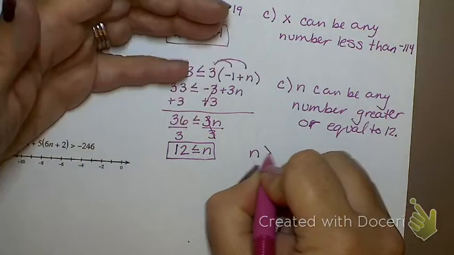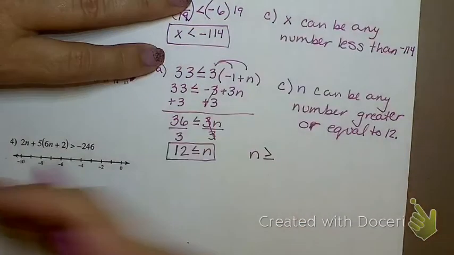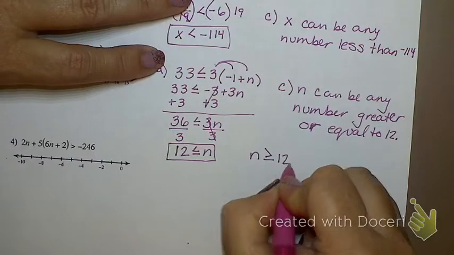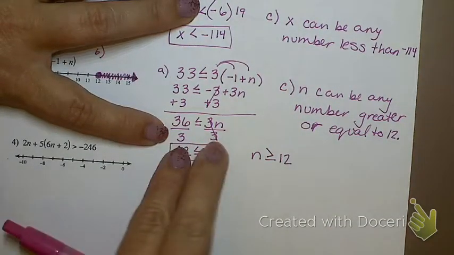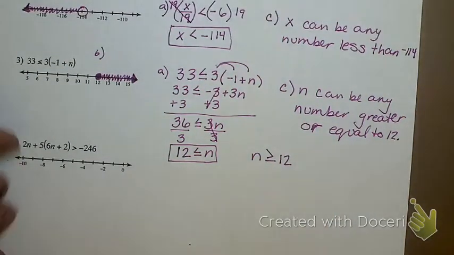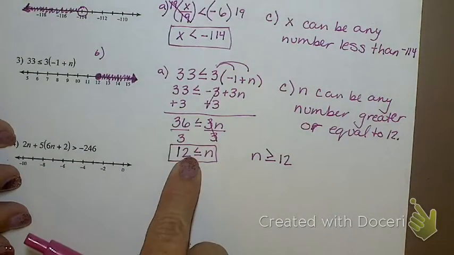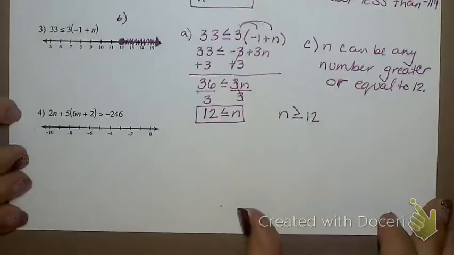The open part would have to be by the N still. So when the letter is on the left, it does say N is greater than or equal to 12. So if it's easier for you to just flip it all around, including the sign, go for it. If not, you can go straight from here to your graph. Okay? All right, I want you to try the last one.